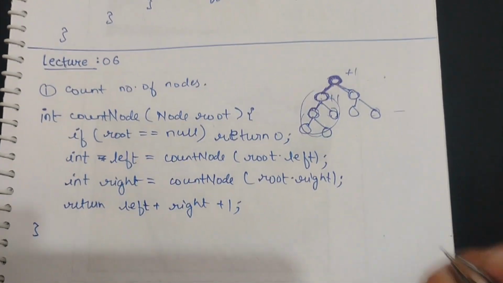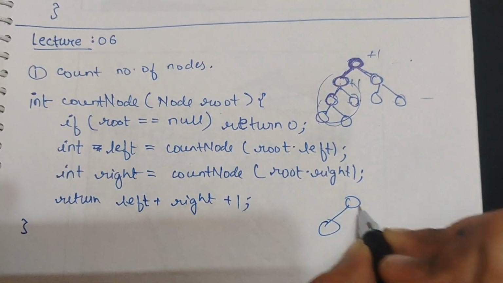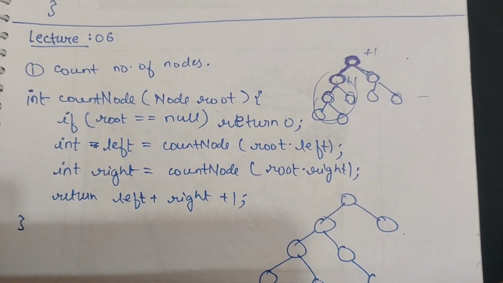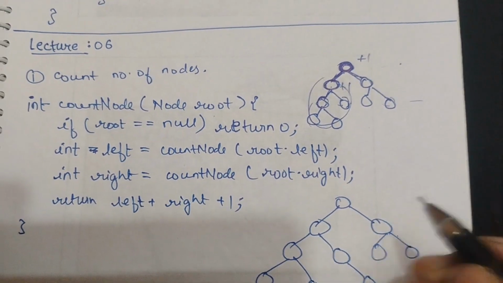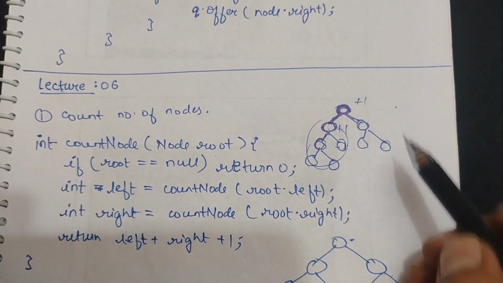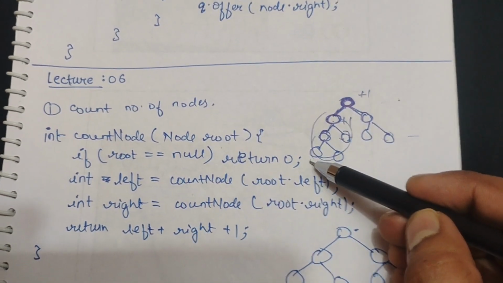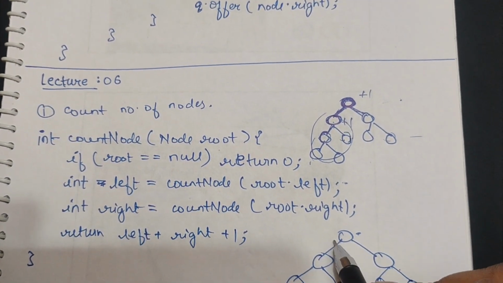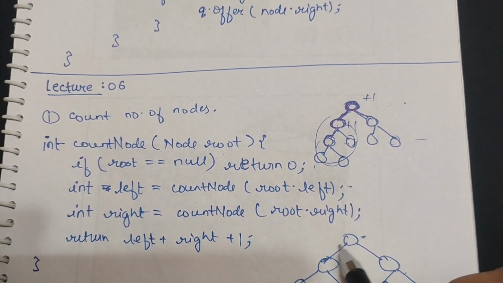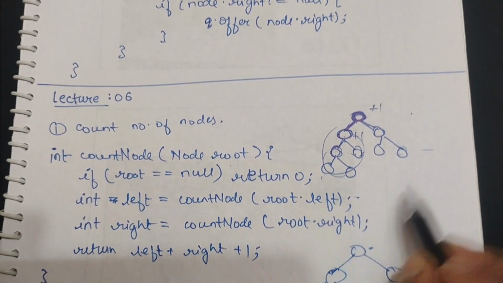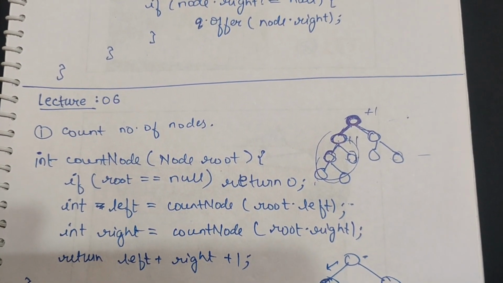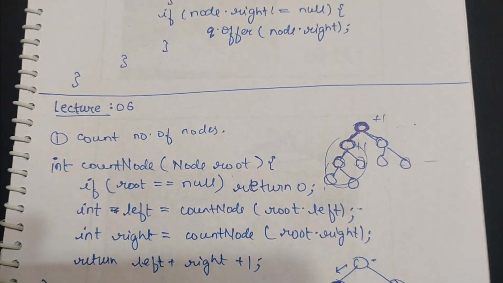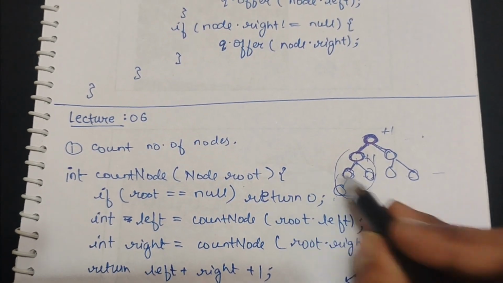As I told, I'll again do a dry run for this. The code will come over here. Is it null? No, it is not. Count left of this. The recursion call comes over here, then again to its left, and again to its left.